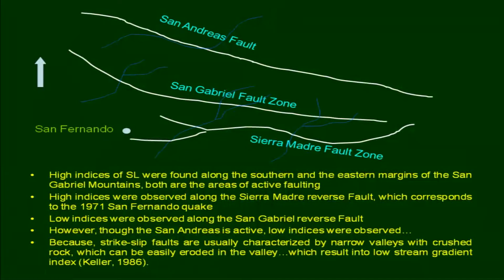The San Andreas fault system is a right lateral strike slip fault system. This portion is moving in this direction, this portion in that direction along the fault, and so on. That results in crushing of the rocks and narrow valleys which can be eroded very fast, and this can result in a low stream gradient index.